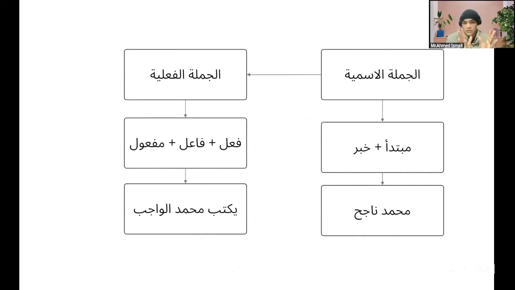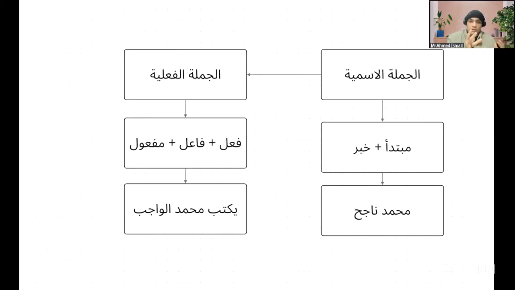The فاعل is the subject or the doer of this فعل, the person that did the writing, like يكتب, he's Muhammad, so he's the فاعل. And the object is the thing that he did the action on, whatever the action is, like يكتب or يقرأ or يلعب. الواجب is the مفعول, which is the object. Okay, so these are the three positions in جملة فعلية.